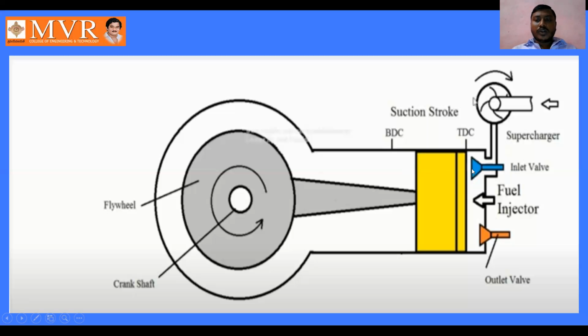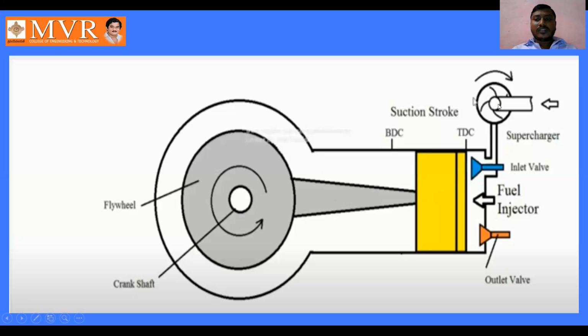When the air enters the engine cylinder, the supercharger also forces air into the engine cylinder. Because the supercharger forces in air, the efficiency and the work output of the engine are increased.